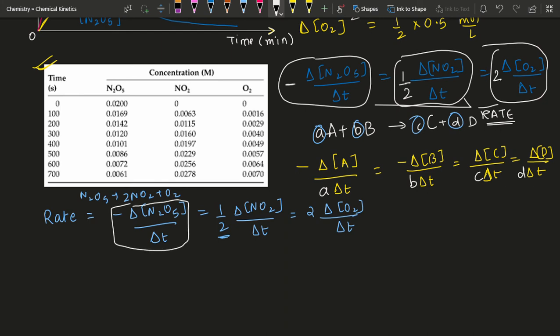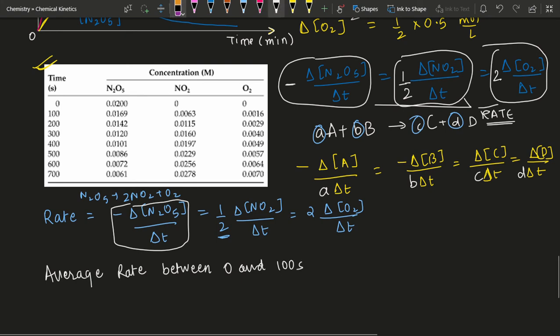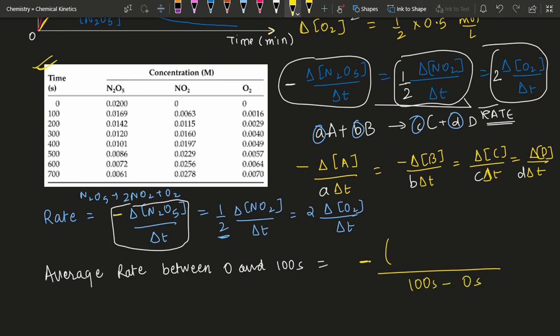So the average rate of the reaction between 0 and 100 seconds is equal to, again, the negative sign, then the change in concentration of N2O5 over 100 seconds minus 0 seconds.